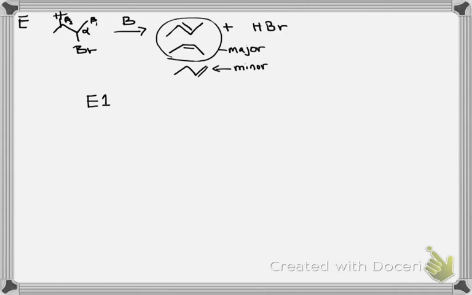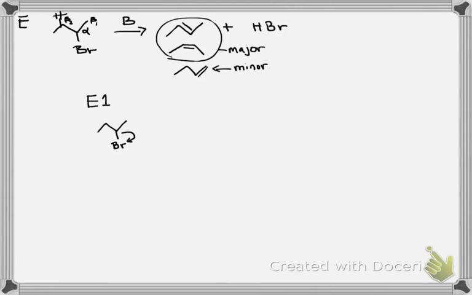Same thing in E1. So in an E1 mechanism, the first thing that happens is this bond breaks. So with respect to SN1, the same things that affect E1 affect SN1 and vice versa.